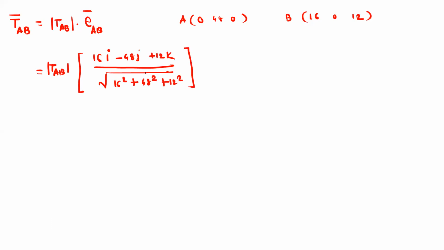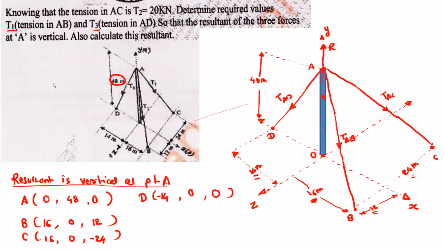Simplify this and you will get some answer. This vector will be in terms of tension AB, because we don't know the value of tension AB.